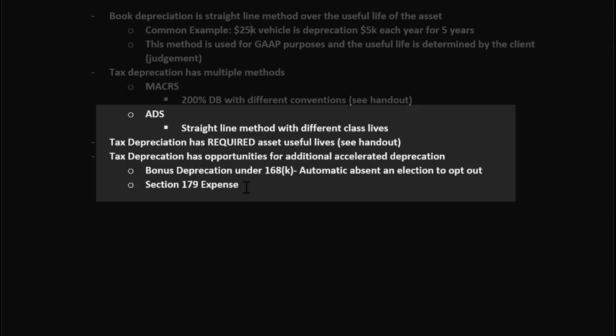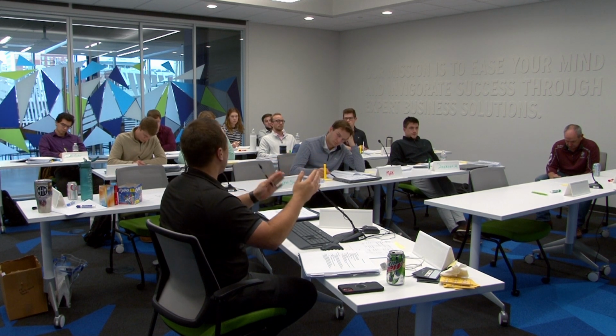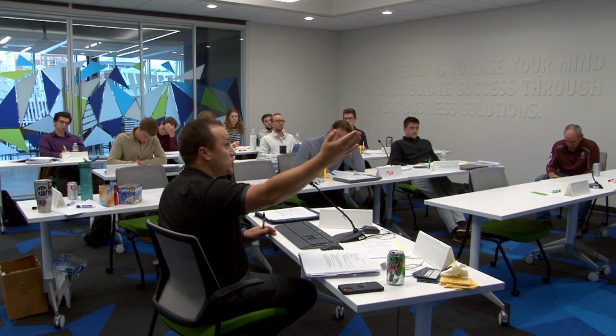But generally speaking, book gives you 1 method, straight line. You do that over the useful life. For tax, we'll give you the modified, the MACRS method. Great. We're also going to provide you 2 other methods to accelerate all the depreciation as quick as you can. Okay, so for tax, we've got a lot more options. Book is just pretty standard and easy. That's why we're tax people, not audit.